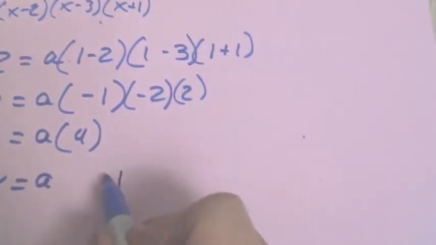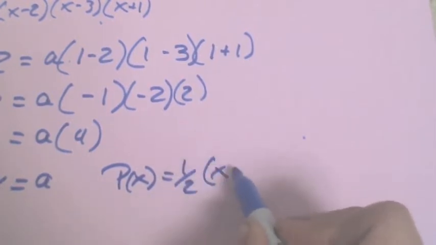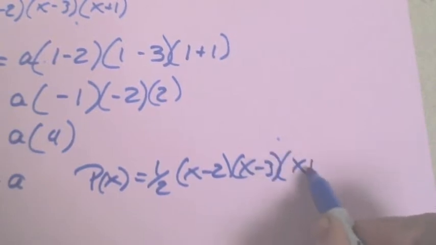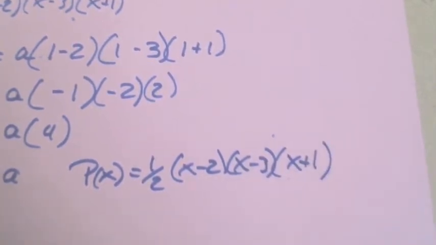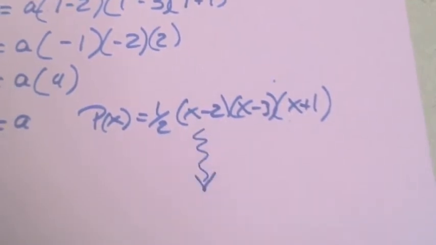So we now know that our polynomial should look like 1/2 times x minus 2, x minus 3, x plus 1. And because we were asked for the polynomial, you probably want to write that out. You perform your multiplication, so it's in your fairly standard polynomial form.